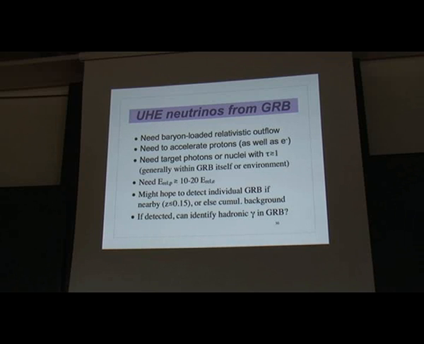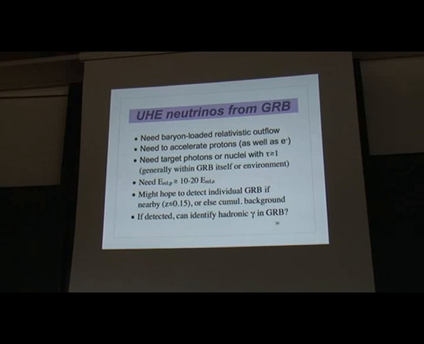So typically, to detect the neutrinos with current detectors like IceCube, cubic kilometer detectors, you need a decent baryon load. You need an energy in protons which is at least 10 to 20 times the energy in relativistic electrons.